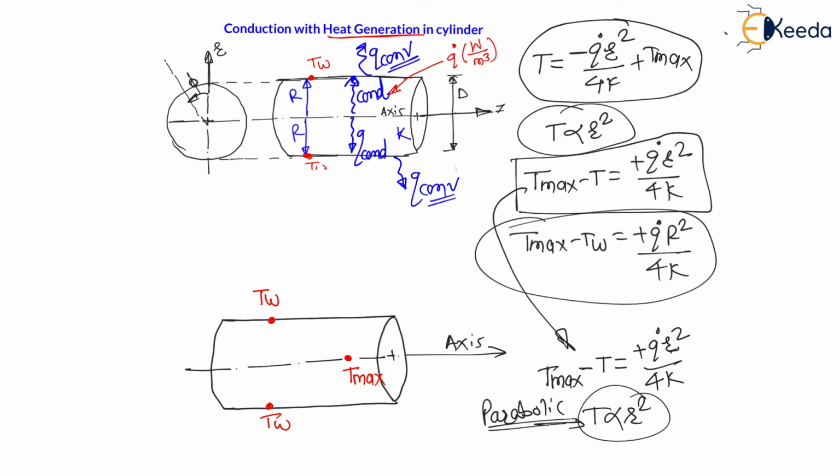Therefore the heat will flow from maximum temperature to minimum temperature, that is, from axis to wall parabolically. Therefore my dear students, the temperature will decrease from axis to wall parabolically, right? And the maximum temperature will be on the axis, right?